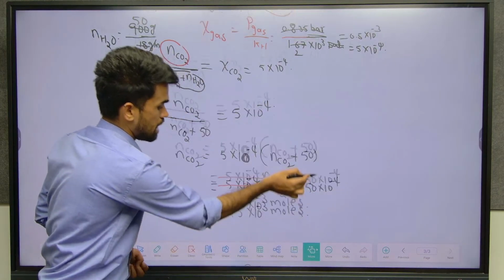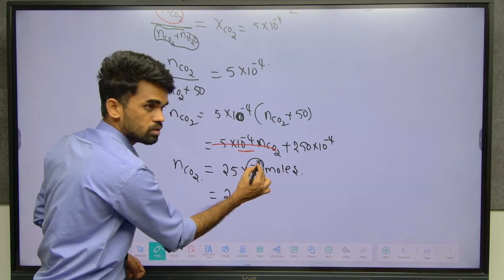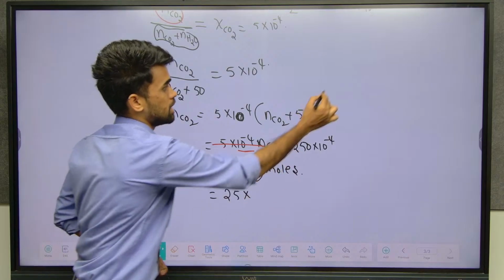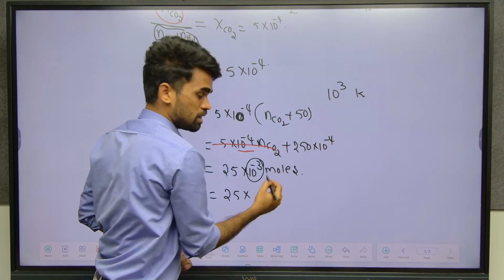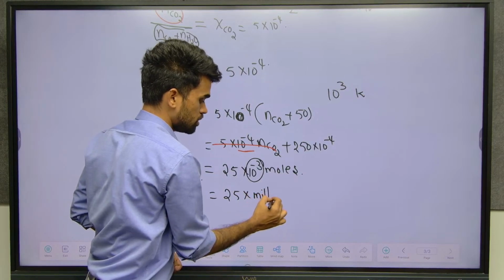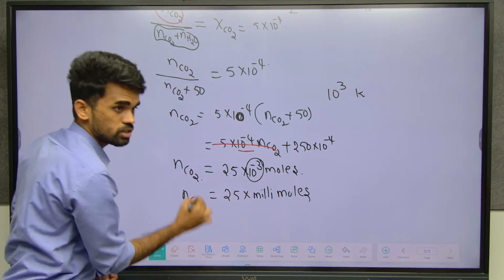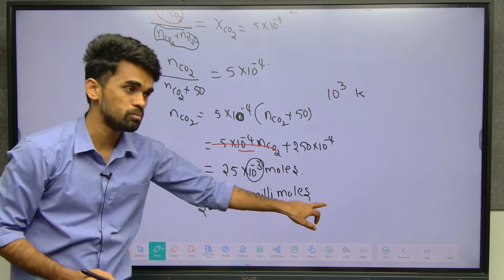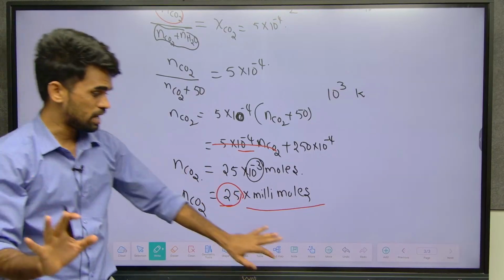So what is your final answer? 10 power minus 3 means, how can I write? 10 power plus 3 means kilo I am writing. 10 power minus 3 means you can write millimoles. So what is your final answer for this question? 25 millimoles. What is our X value here? 25. Clear or not?